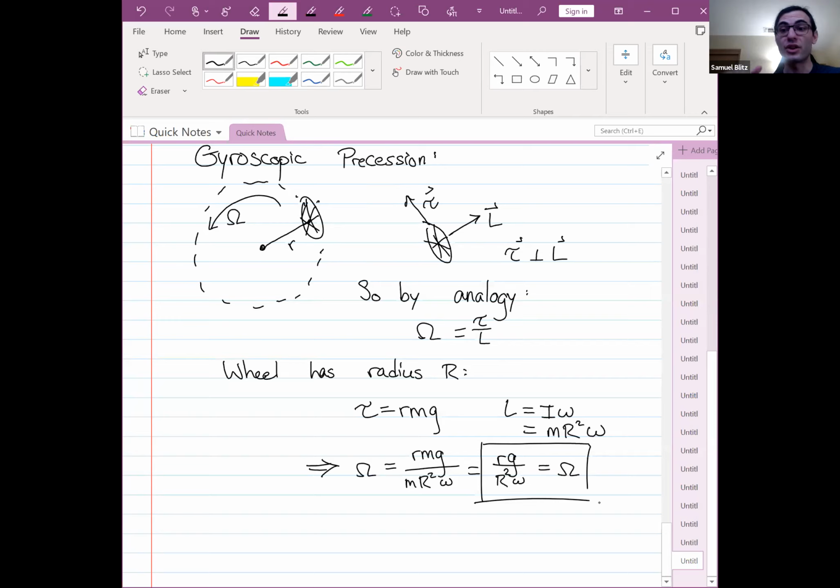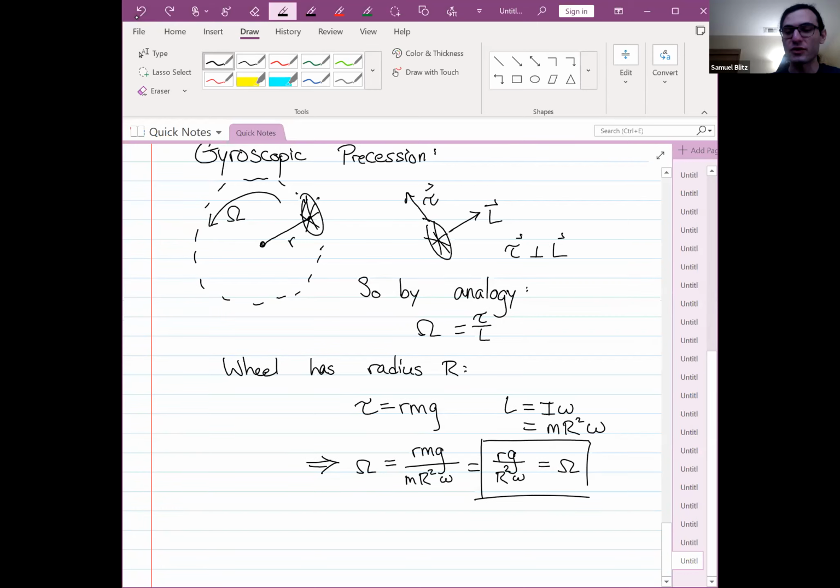The amount of time it takes to go around would be given roughly by this formula, which would be a good check, right? You'd have to estimate some quantities like how long is the axis and how big is the wheel and things like that. But you wouldn't be able to find out the rate at which the wheel was spinning, so maybe not. But in principle, this is something that you could do.